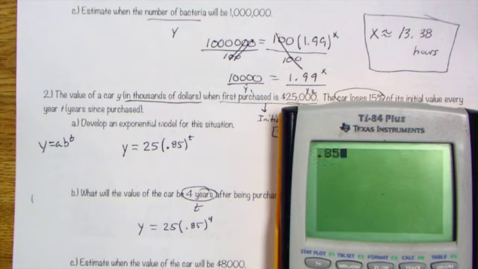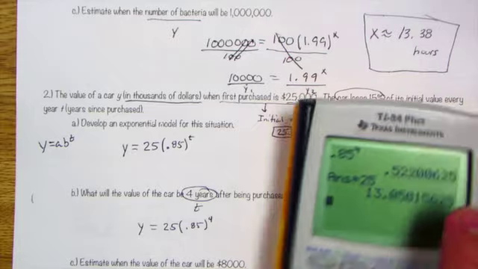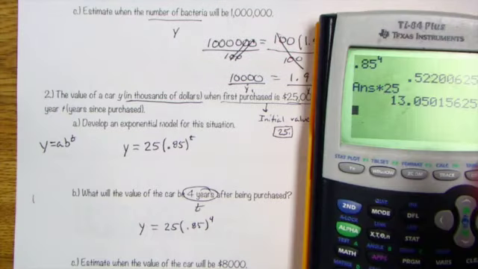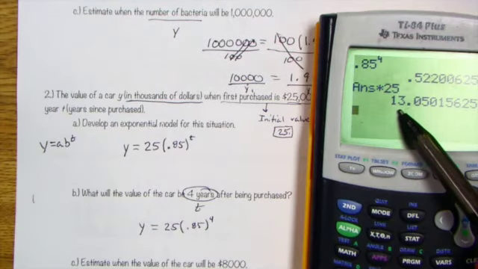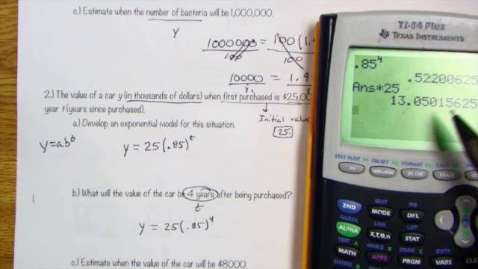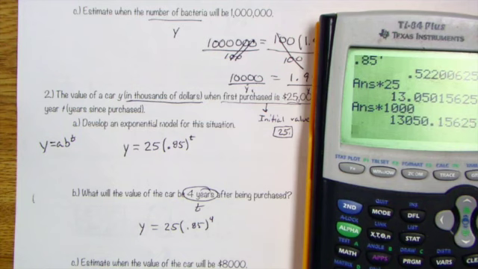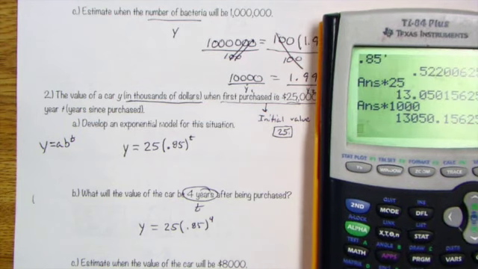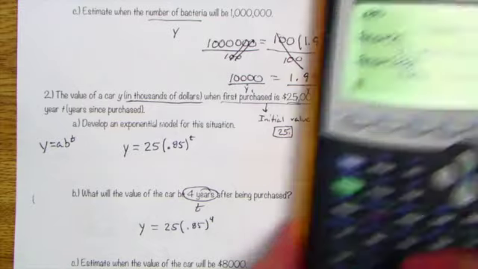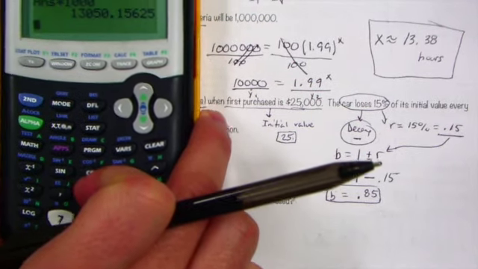So 0.85 to the 4th power, and then multiply that times 25. Now do keep in mind that this does say 13, but it's not 13. Remember, it's in thousands. So if you want, you can multiply that by 1,000, and then that'll be the actual value.